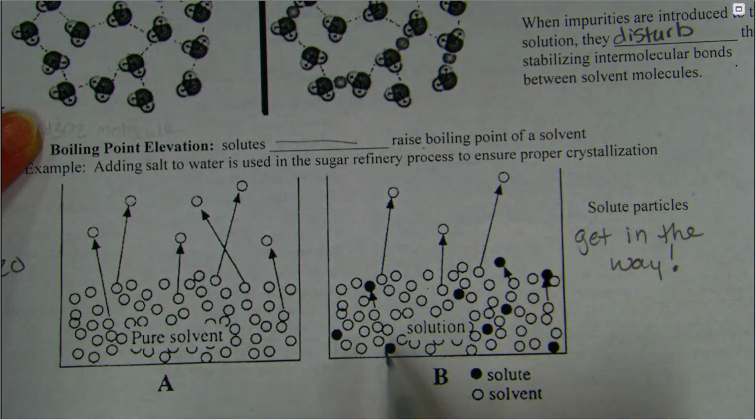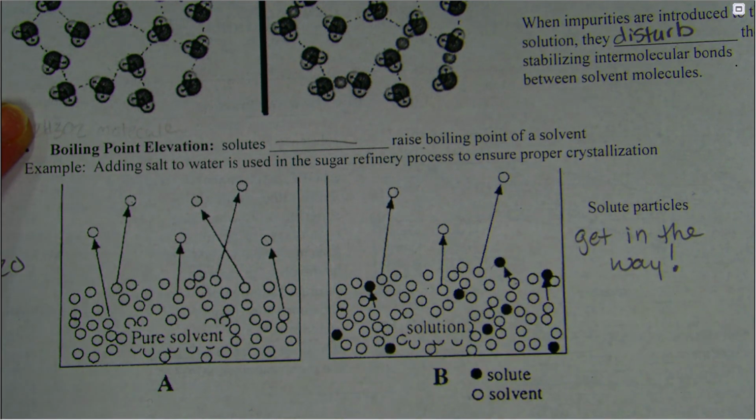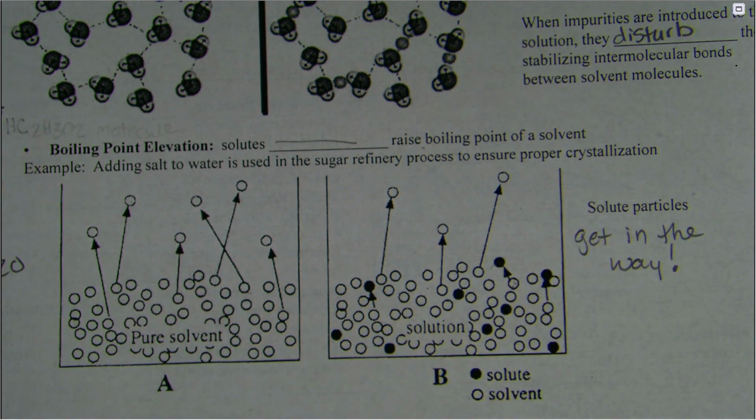The solvent may want to have enough kinetic energy to escape out into the atmosphere, but it's being blocked by the solute. So the temperature at which we have to boil this is going to be higher. This solvent is going to need more kinetic energy to get past that solute than when no solute is present.